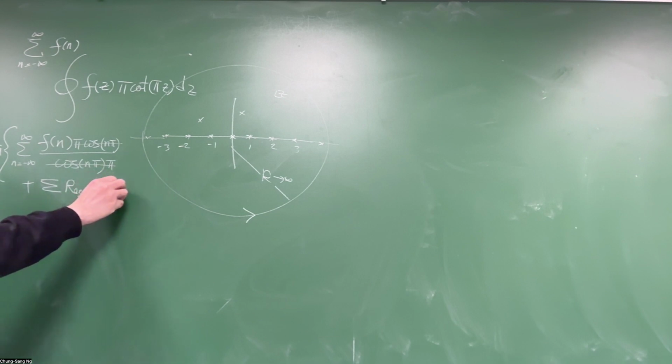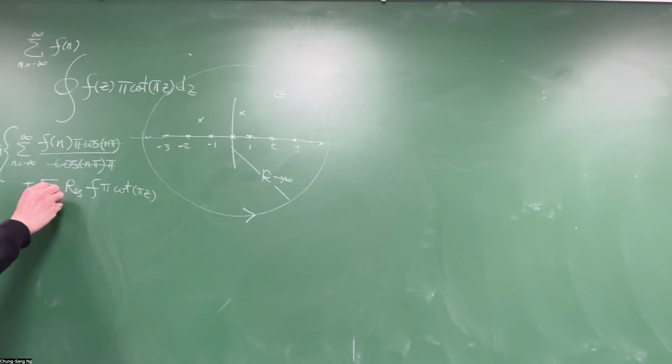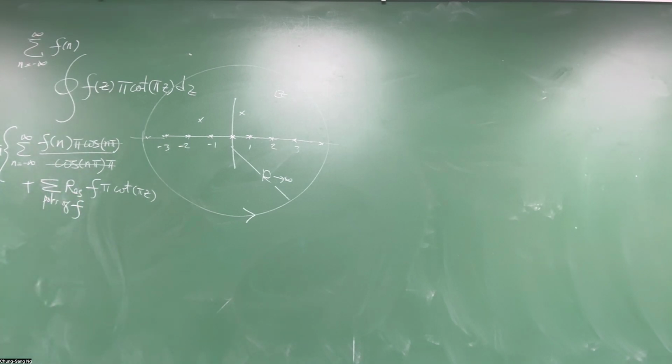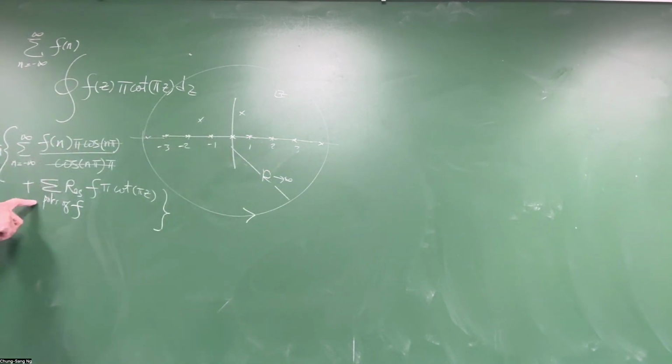That is, the residue of pi cotangent times f, the whole thing, but at the poles of f. So the poles of the cotangent are here, and the poles of f are the rest. And then you see that the first term is just what we are trying to calculate, right?